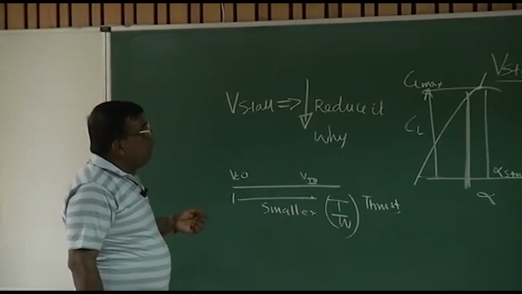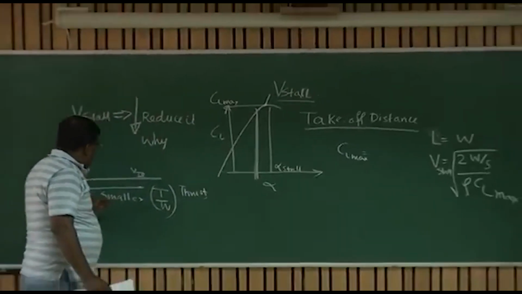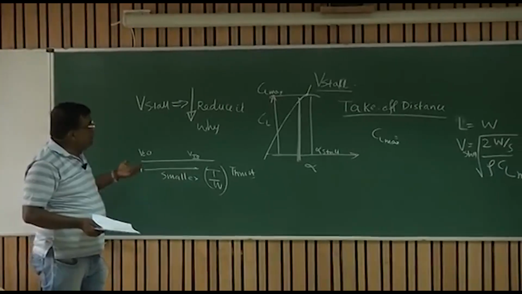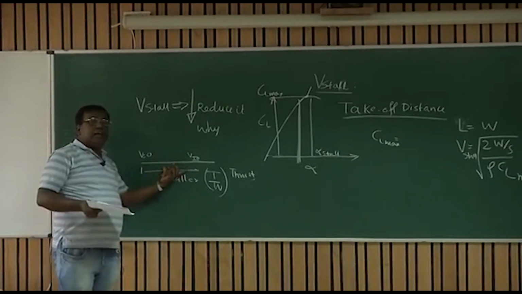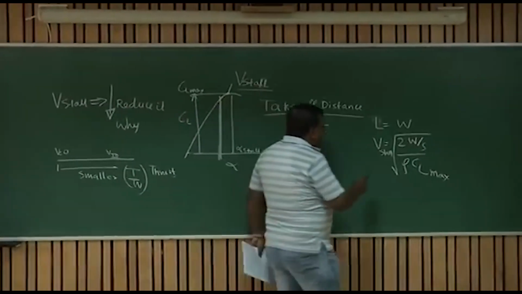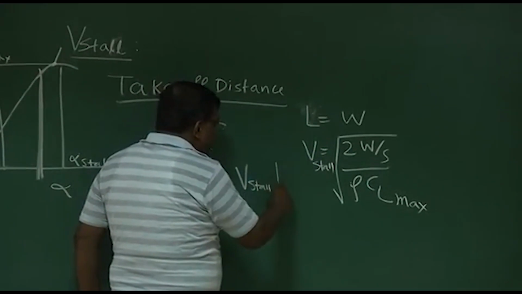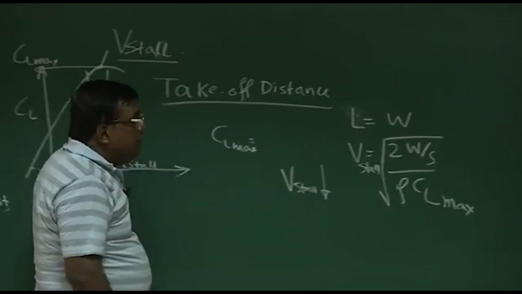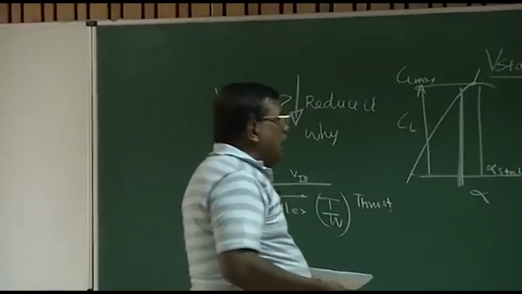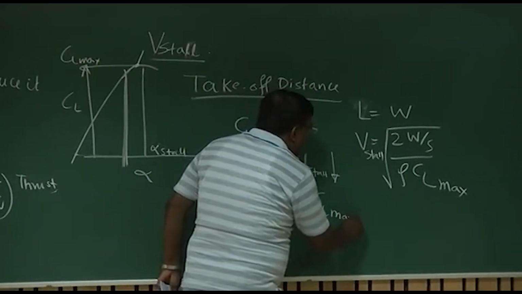However, from the whole aerodynamics point of view, or more precisely by taking advantage of aerodynamics, we can still reduce this distance. How could that be reduced? That could be reduced if I reduce Vstall, that is, the minimum speed the airplane can fly, and to reduce Vstall I have to increase CL max.